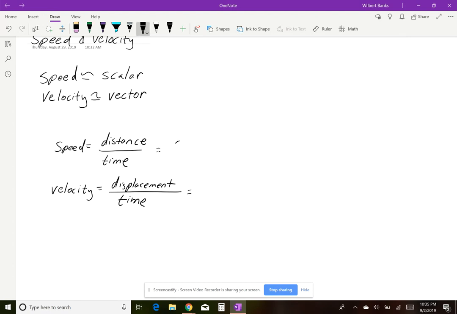So let's simply say speed equals d over t. And in this case, displacement, I put dsp over t for velocity. So those two things are very important to look at.